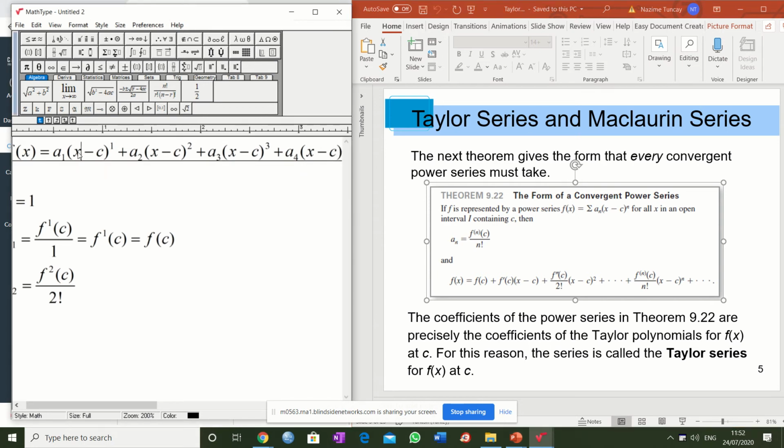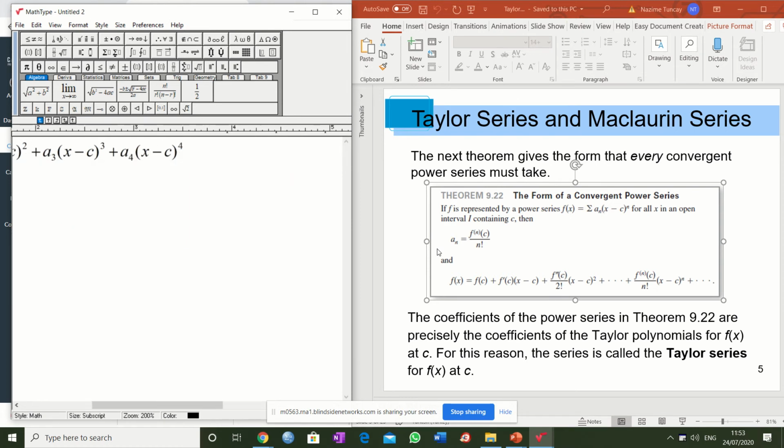This is the first term of this power series, this is the second term, this is the third term, fourth term, and we don't have any borders. Therefore, it continues until infinity.